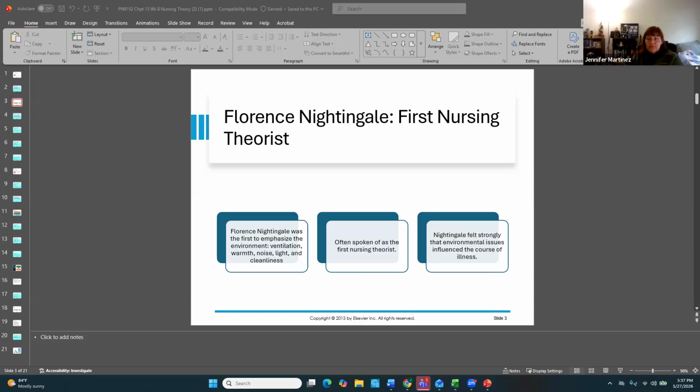She was the first one to collect data and use evidence to make clinical decisions. And she was the first to emphasize the environment: ventilation, warmth, noise, light, and cleanliness. Keeping them clean, preventing the spread of infection and disease from one person to another.